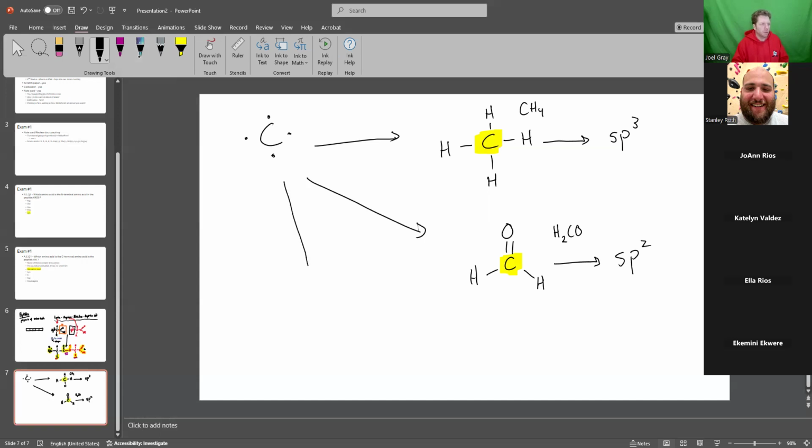Now let's go with this right here. Just so you're curious, chances are whenever I give you a question about hybridization, I'm going to show you the molecule. So that's going to be helpful. What do you think the hybridization of this molecule, also known as CO2, is?